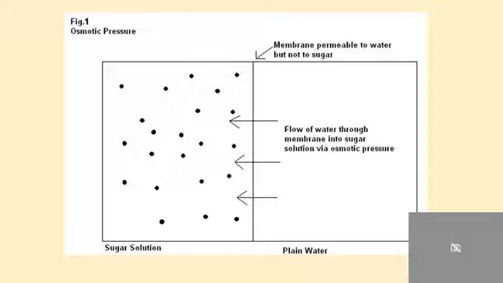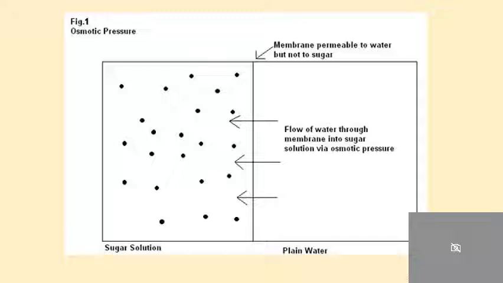An osmotic force is generated by solutes that are trapped on one side of a semi-permeable membrane. So the sugar molecules trapped here exert an osmotic pressure. They tend to attract water molecules, and this is the driving force behind osmosis.